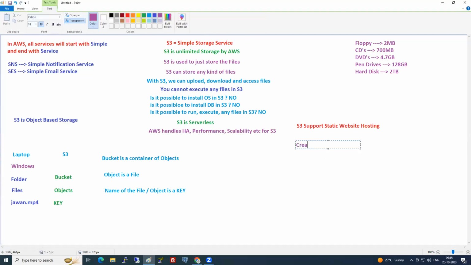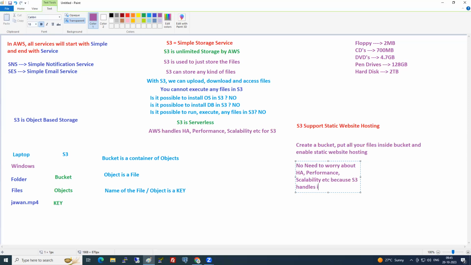So what you need to do, Nana? Create a bucket. Put all your files inside the bucket and just enable static website hosting. Nana, do we need to worry about any performance, etc.? No need to worry about high availability, performance, scalability, etc. Because who handles it?